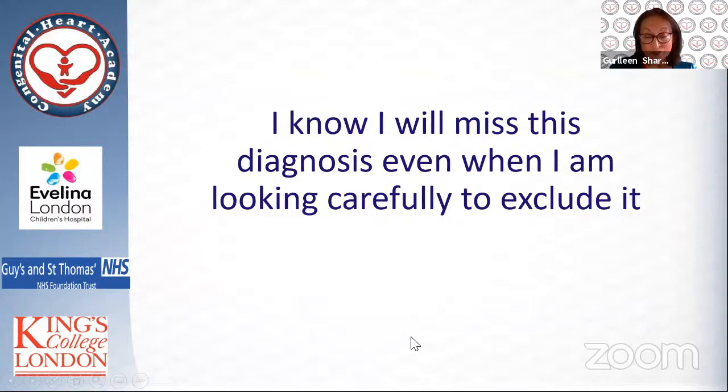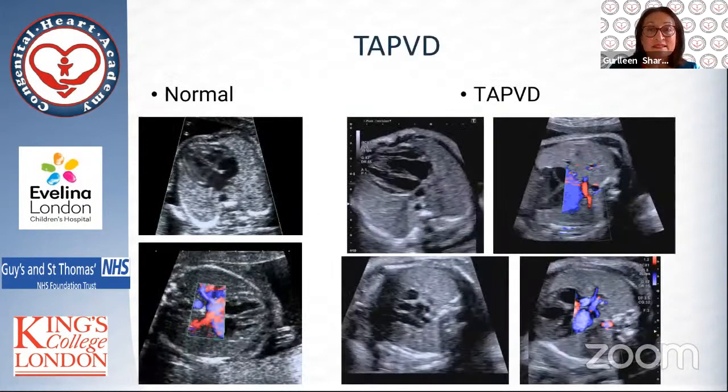Then we have a situation where we know fetal diagnosis is not easy. We've got better at it, but even when we know that we might miss it, we can still miss it. A classic example here is total anomalous pulmonary venous drainage. Fetal diagnosis has improved considerably in this diagnosis, but over the years, the detection of this abnormality before birth has been low.